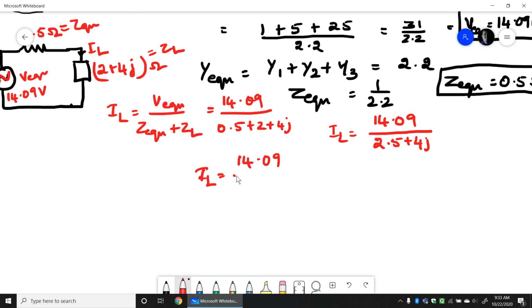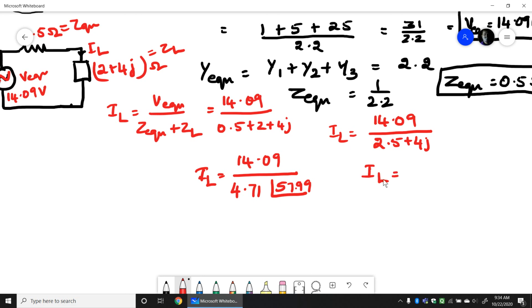If I convert 2.5 plus 4j into polar, 2.5 comma 4 would give me 4.71 at an angle 57.99.